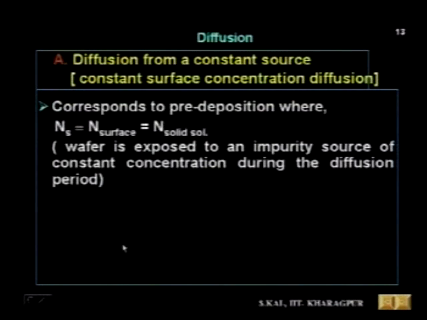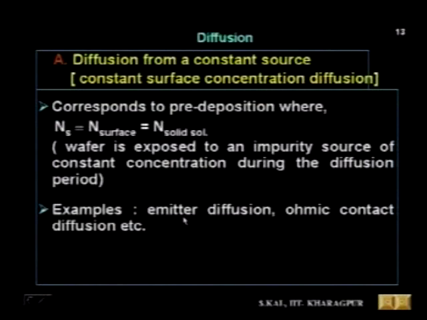And in this particular case, the wafer is exposed to an impurity source of constant concentration during the diffusion period, in case of diffusion from a constant source. Okay. Examples of this diffusion are emitter diffusion, ohmic contact diffusion, etc.